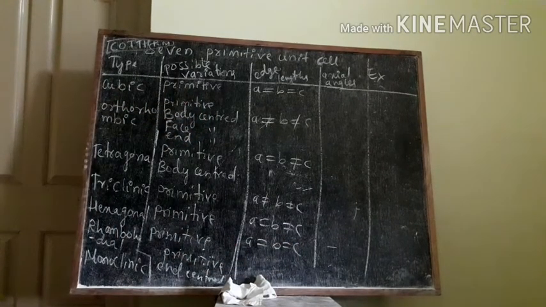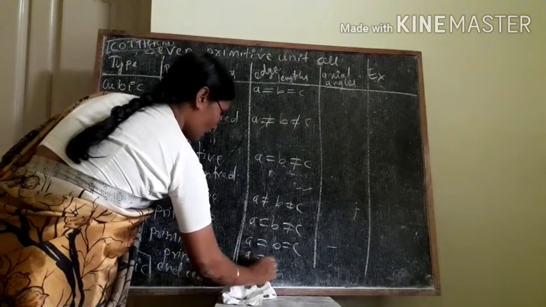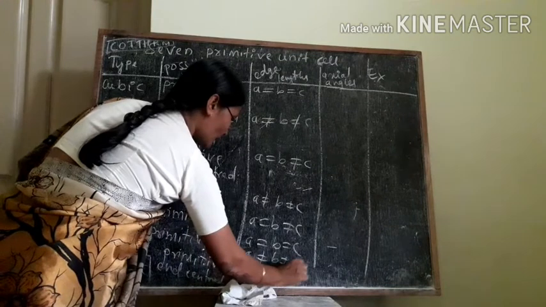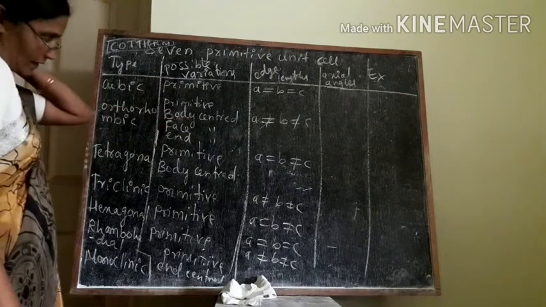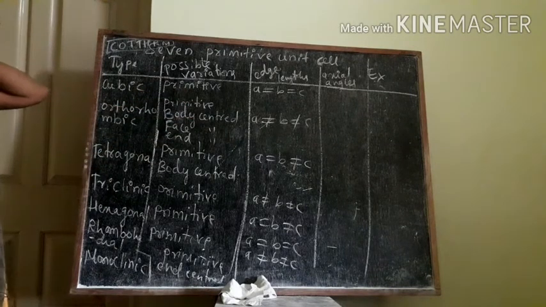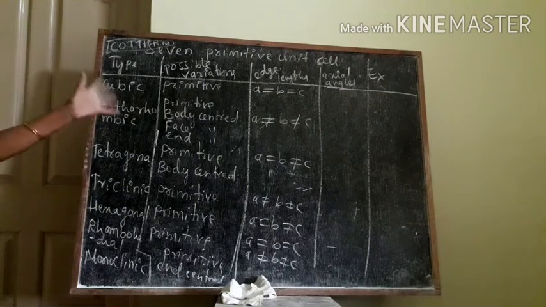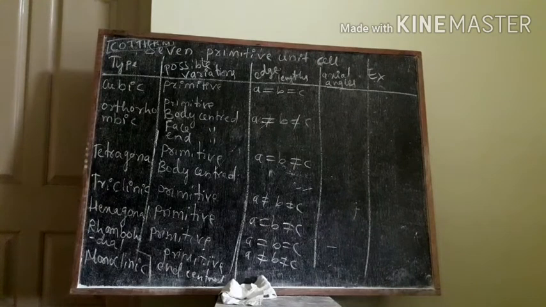Monoclinic: a is not equal to b is not equal to c. If you go to the diagrams of all these, the edge lengths are denoted there. The diagrams are again important. Let it be the types and possible variations.